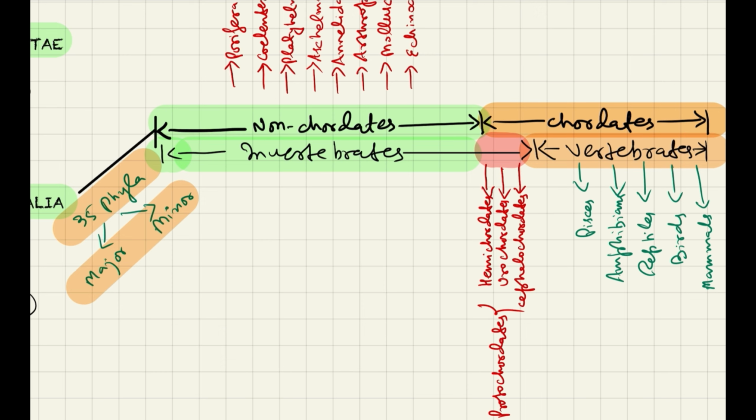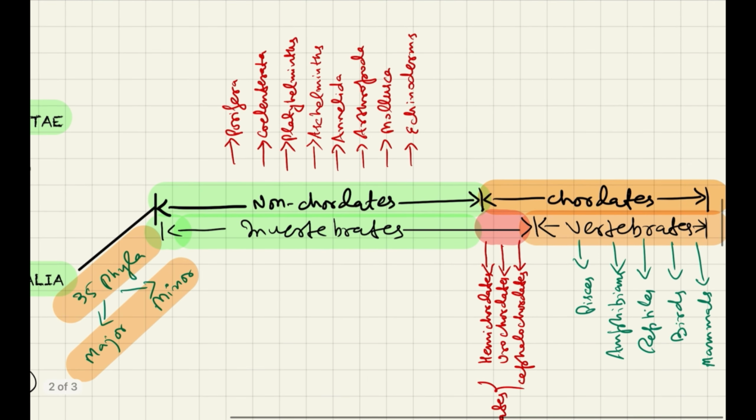So we can see that all the invertebrates are not non-chordates. There are certain invertebrates which are chordates also.